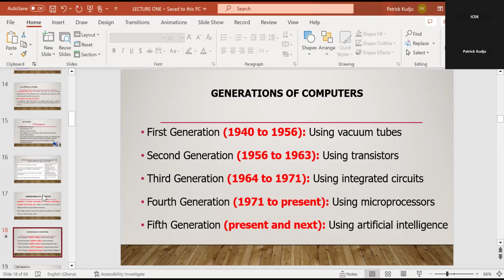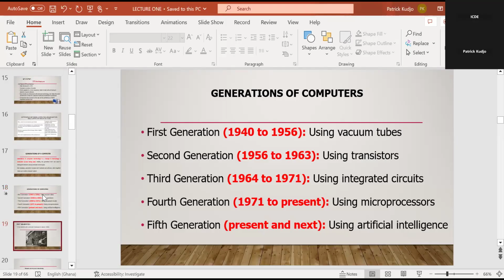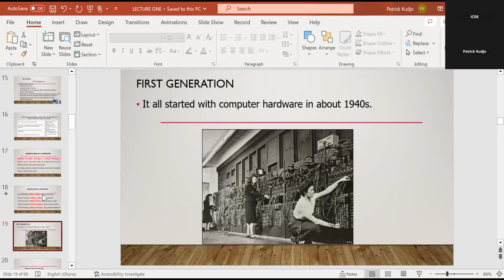The second generation, transistors. Third generation, integrated circuits. Then we move to microprocessors, and currently we are in the era of what? Artificial intelligence. These are the five main generations of computers. So I'm not going to waste your time on it.